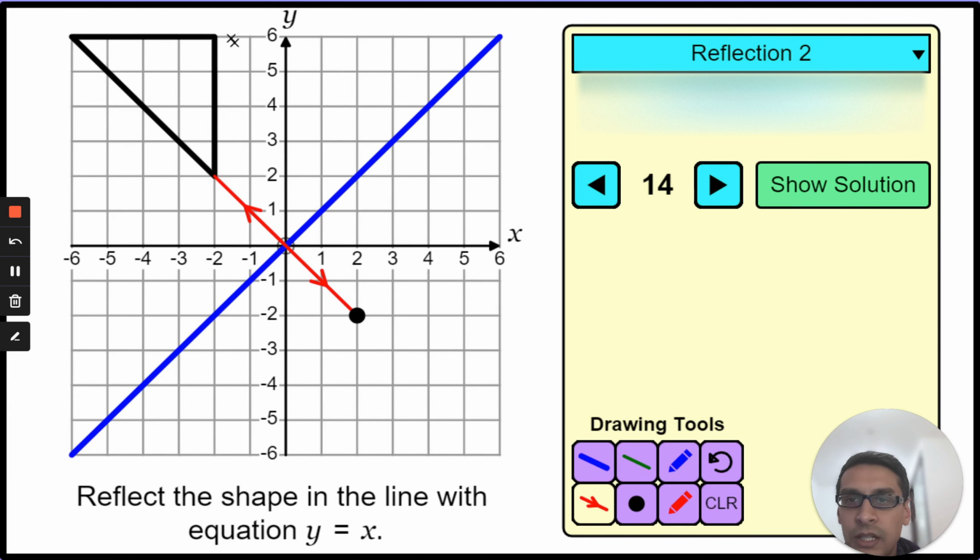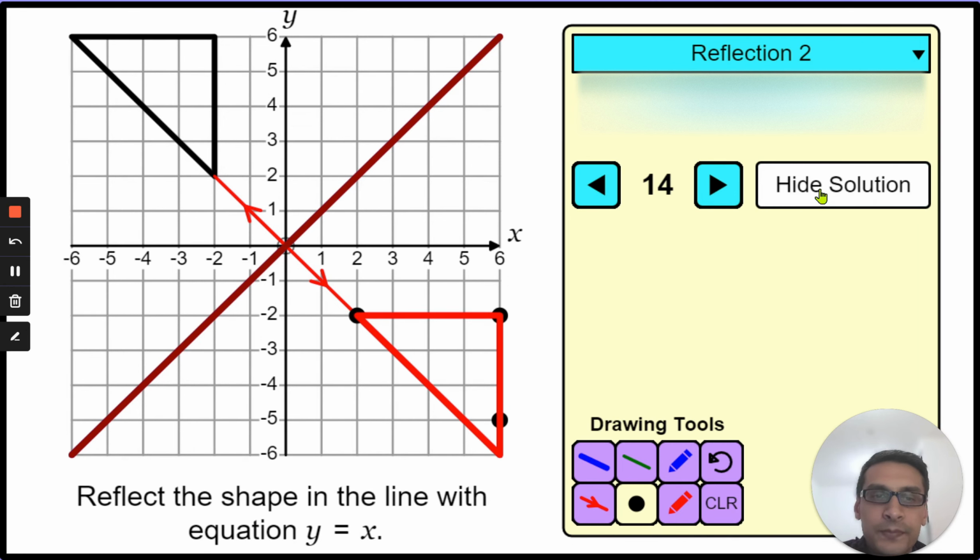Here we've got 1, 2, 3, 4, 1, 2, 3, 4. So let me do that one again. 1, 2, 3, 4, 1, 2, 3, 4. That's your second vertex, and then this one here you can see it just extends this line, so you're just going to go straight down and there's your reflection.